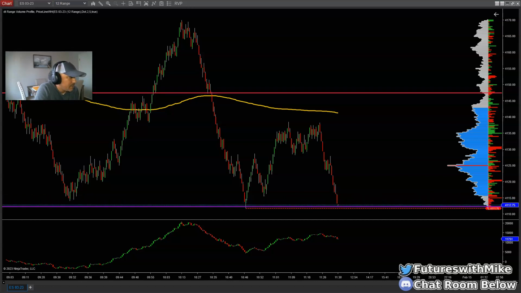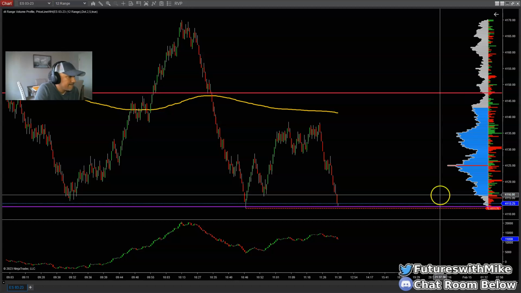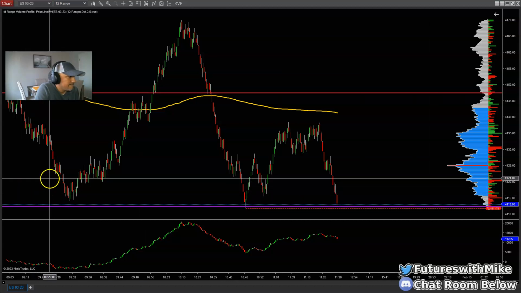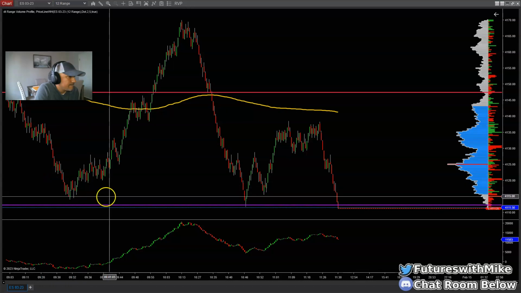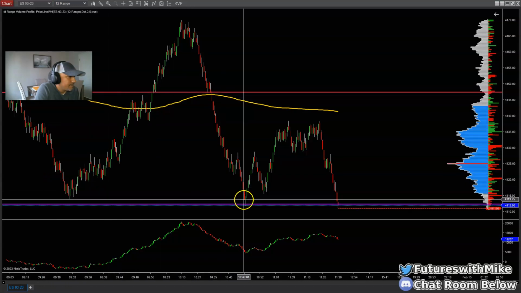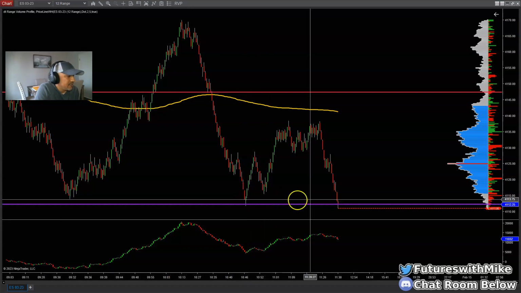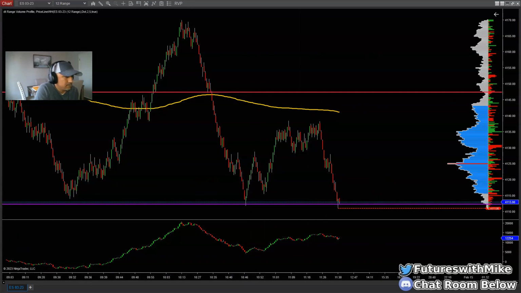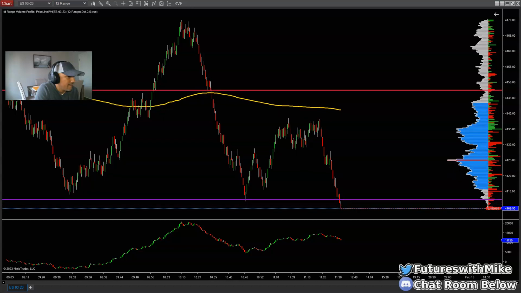Is it going to keep pushing lower, make a new low? Let's see. It's waiting patiently. Looks like it may try to break lower, but we'll see. Yep, looks like it's trying to break lower. There it goes.